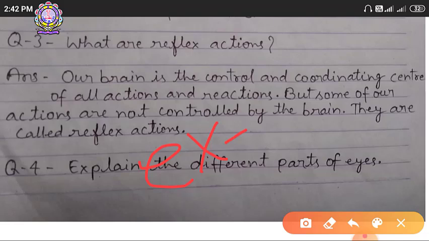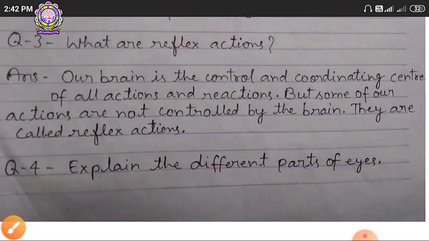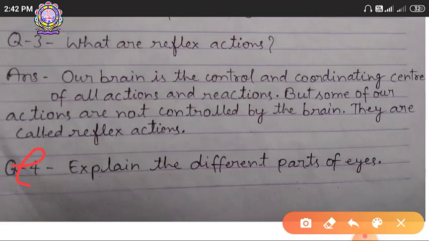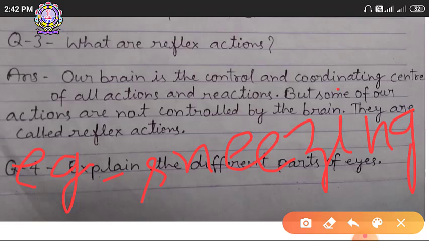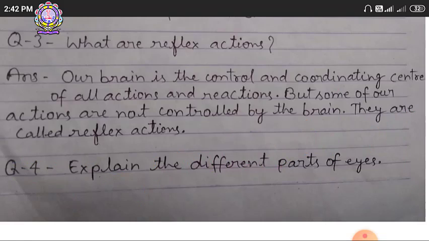Example will be sneezing. Sneezing will be the example of reflex action.